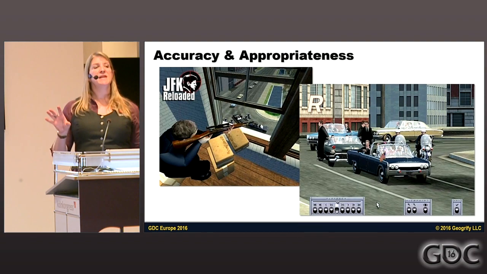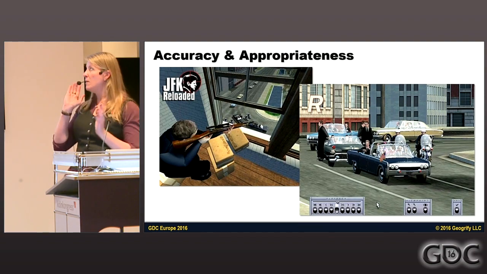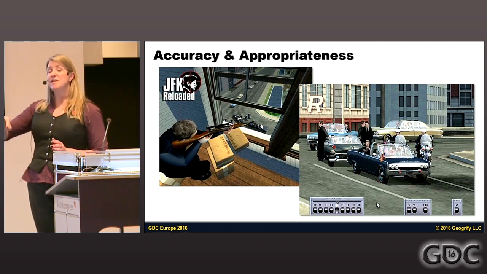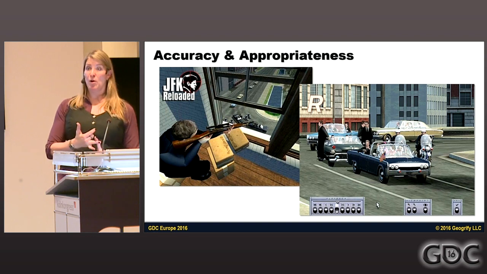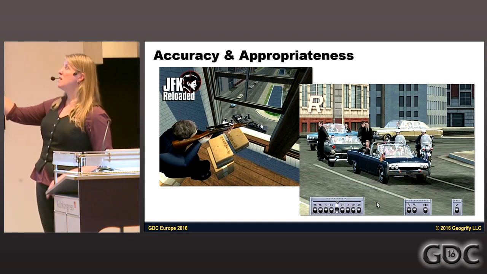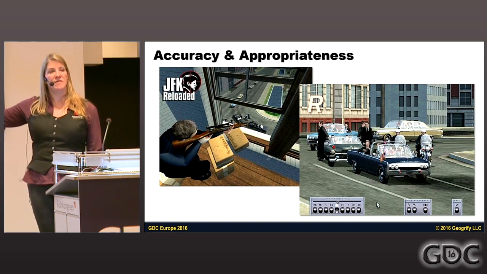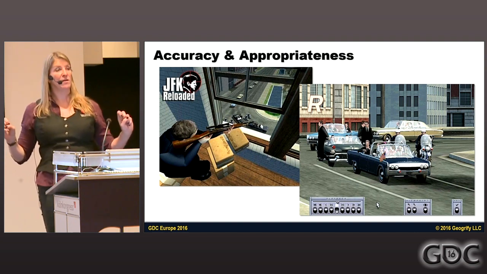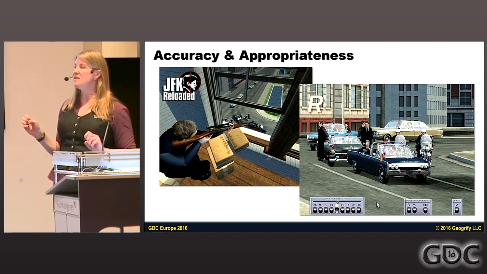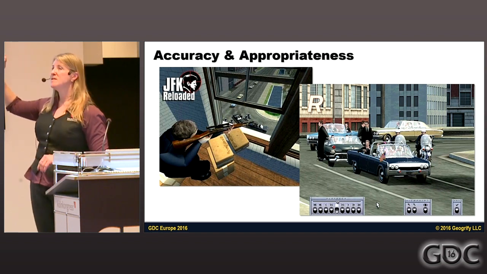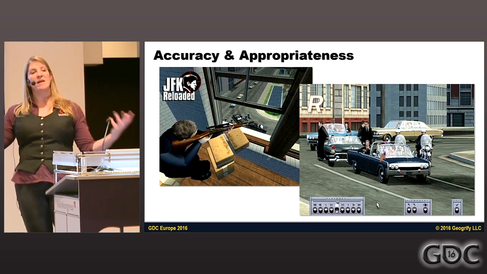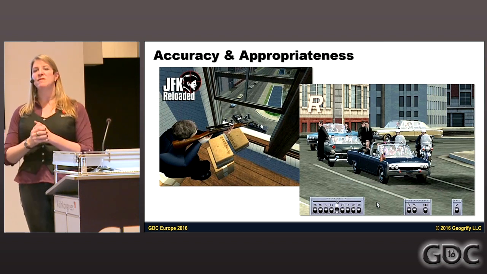The other thing that's interesting is that these are not just single variable things. A lot of these examples can be both inaccurate and inappropriate. This one was interesting, where they were striving for accuracy in this simulator where you try and kill John F. Kennedy in Dallas. You try and assassinate him from the book depository. The guys who made this game said, well, it's just a historical simulation.